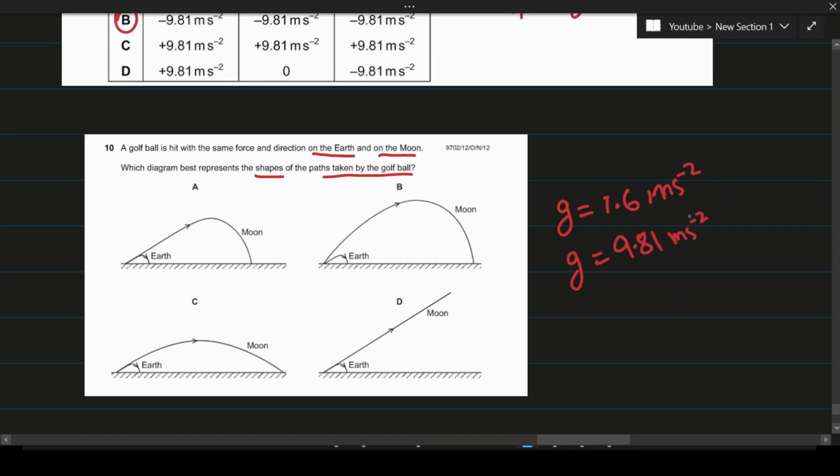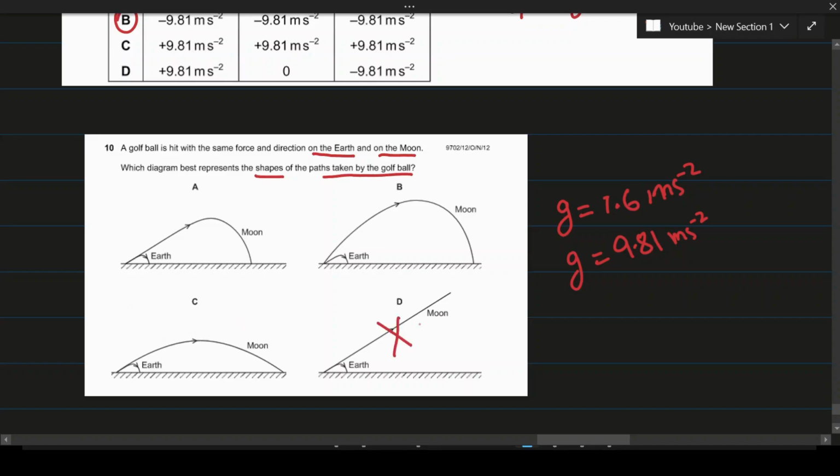So on earth the ball would cover less. The range would be less on earth as compared to the moon. So it could be A, and in every option it is the same thing. Now we need to work out which path would be the correct one.